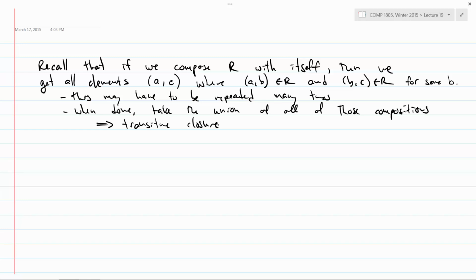So by taking more and more compositions of this relation with itself, you're skipping more and more middle things. And how many middle things can you skip? You can skip as many things as there are in the set that the relation is over. So if this relation is over, say, the set A, and A has n things, then I'll be able to finish after I take at most n compositions. So how many times do I repeat?